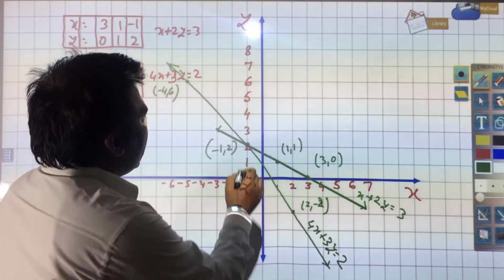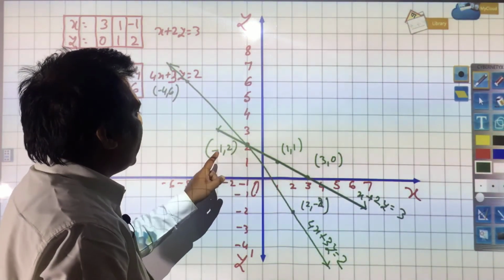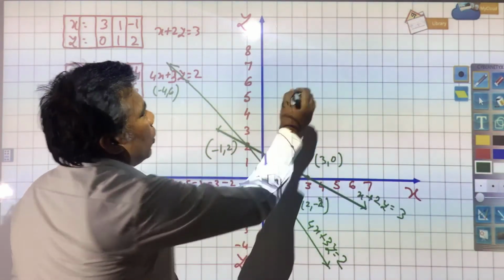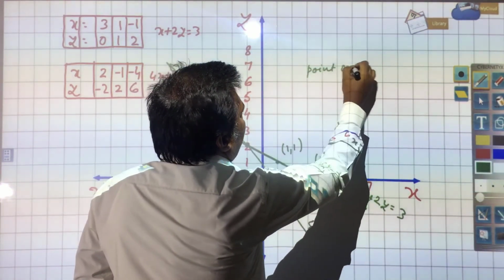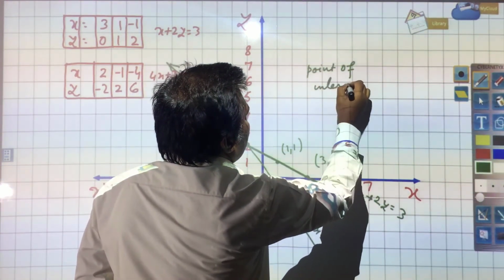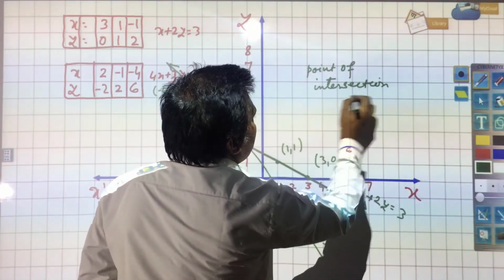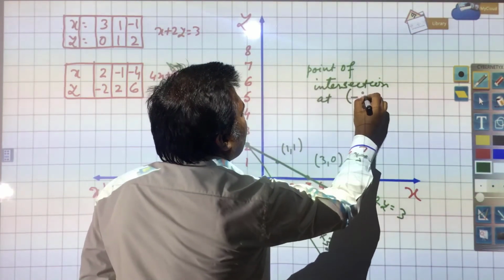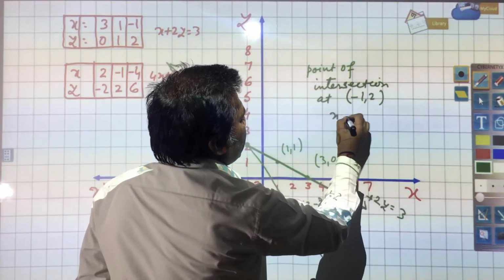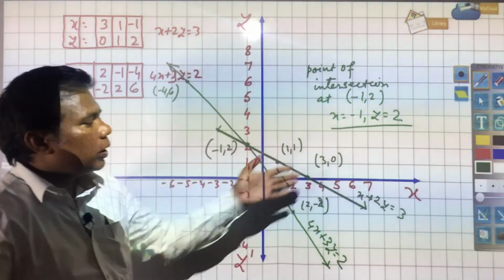Here you see the lines intersect at the point (minus 1, 2). It means x is equal to minus 1 and y is equal to 2, and this is your solution.